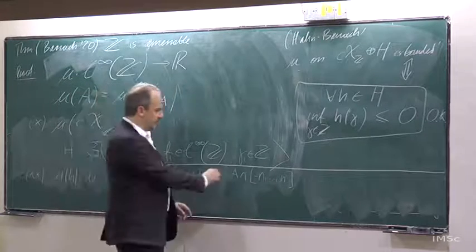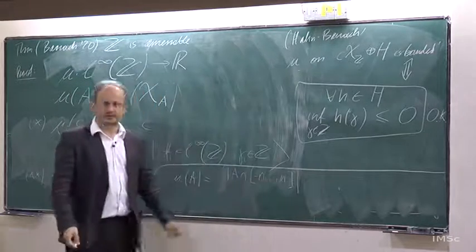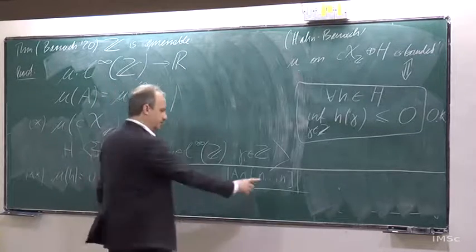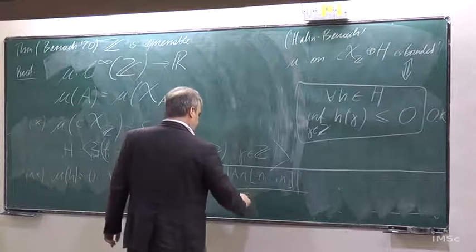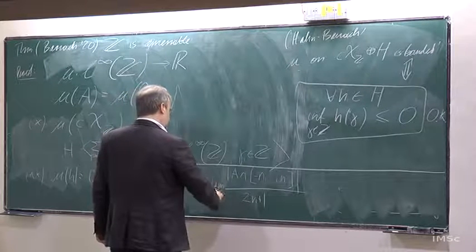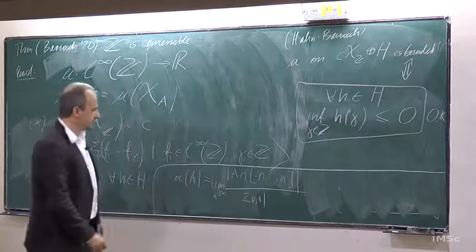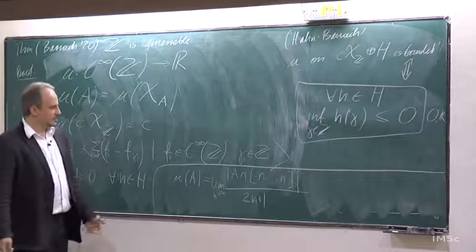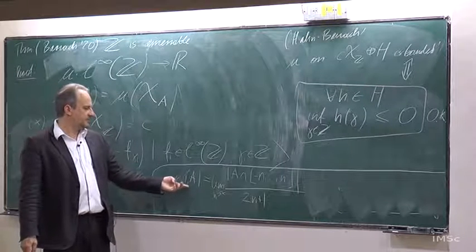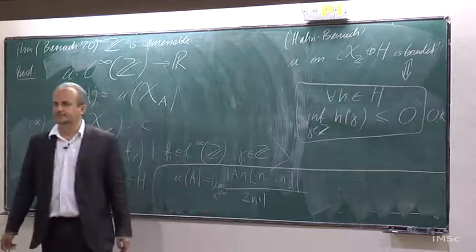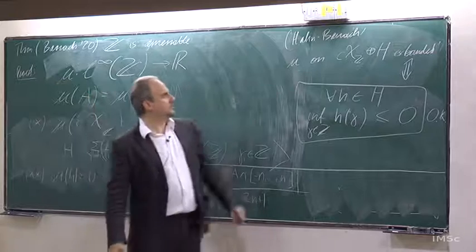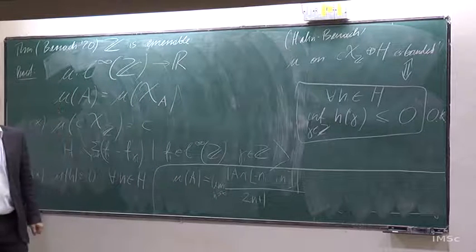You count how many elements you have in this long interval, you divide it by the number of all elements in this long interval, so this is 2n plus 1, and you take the limit when n tends to infinity. However, it's easy to see that for many subsets, this limit does not exist. And that's why we had to do this construction.